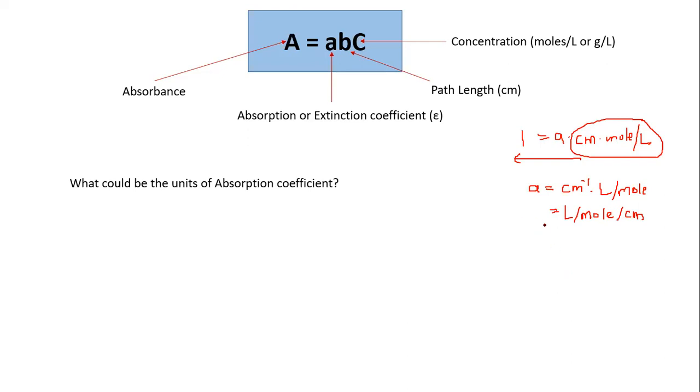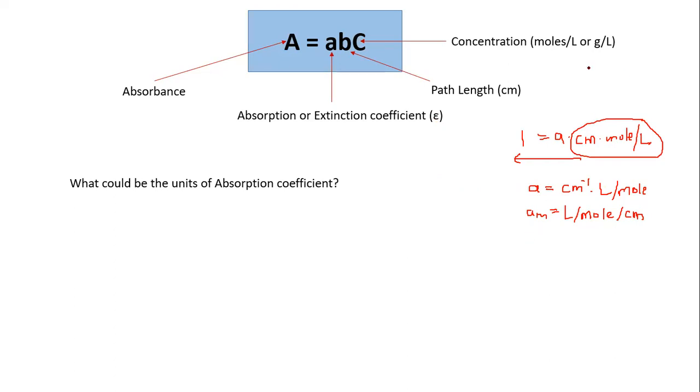So when you represent concentration in terms of moles per liter, this value small a is referred to as molar absorption or extinction coefficient. It is written as a_m, or epsilon is another symbol for extinction coefficient. You can write epsilon m as molar absorption or extinction coefficient.